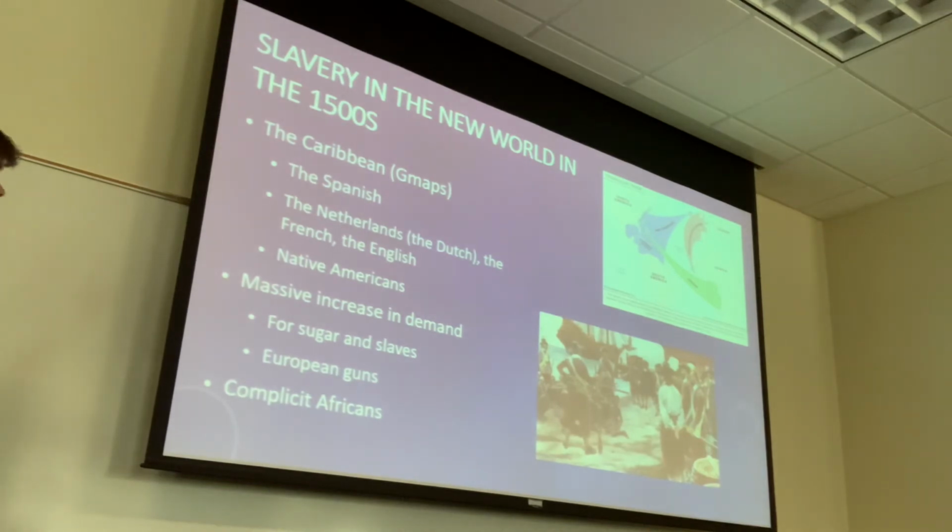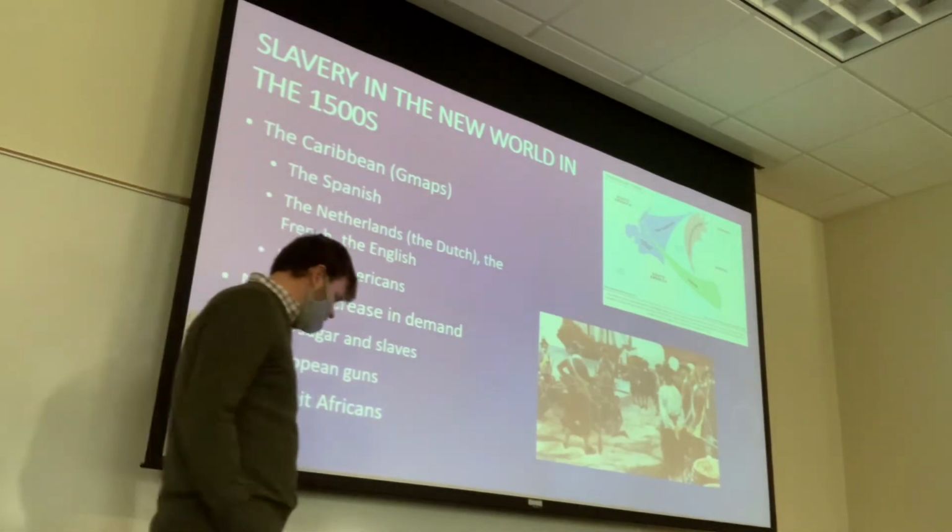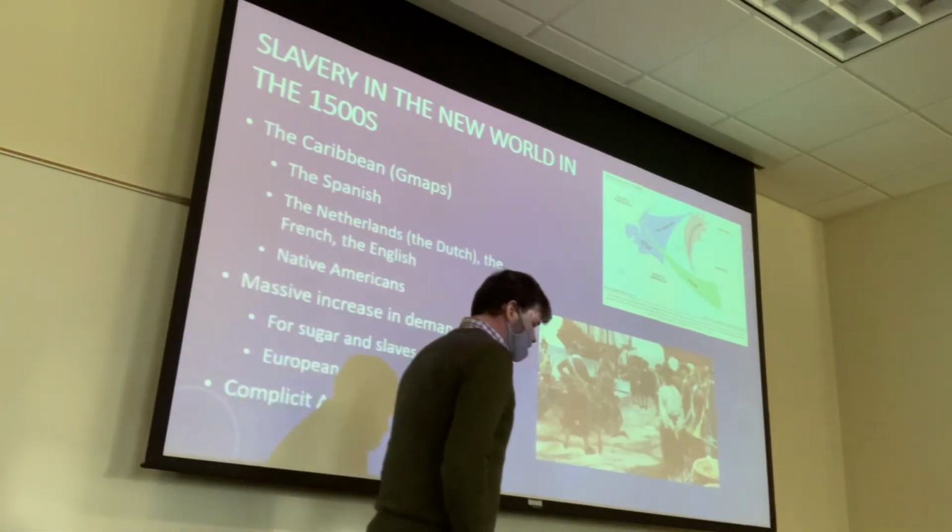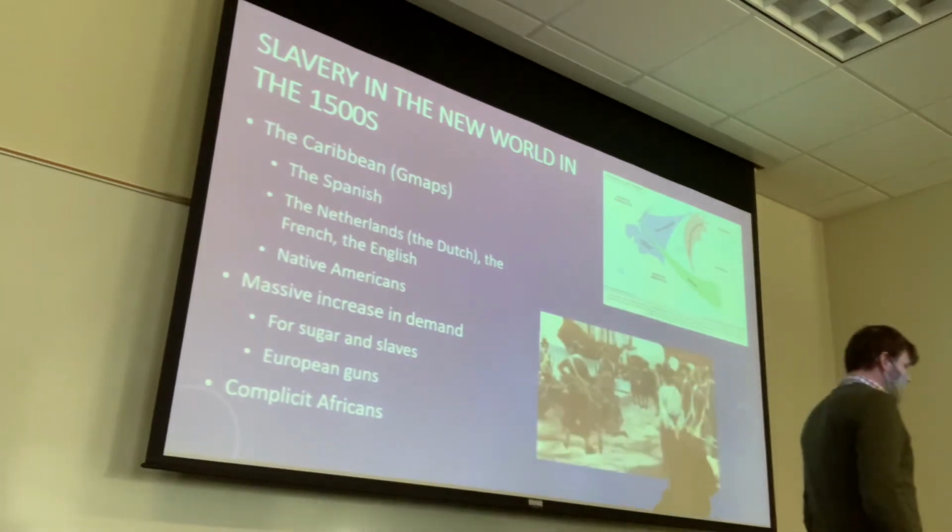And in the case of the Caribbean islands, that's almost exclusively sugar. There was a brief period where they toyed with the idea of tobacco, but sugar turned out to be, at the time, in more demand.